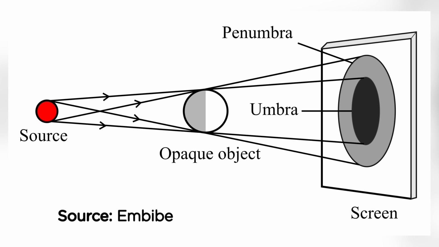But we shall only consider 2 regions, that is the umbra region being the innermost and darkest part of our shadow that receives no light from the source, and then the penumbra region, which is the outer part of the shadow that is faintly dark and receives some light from the source.